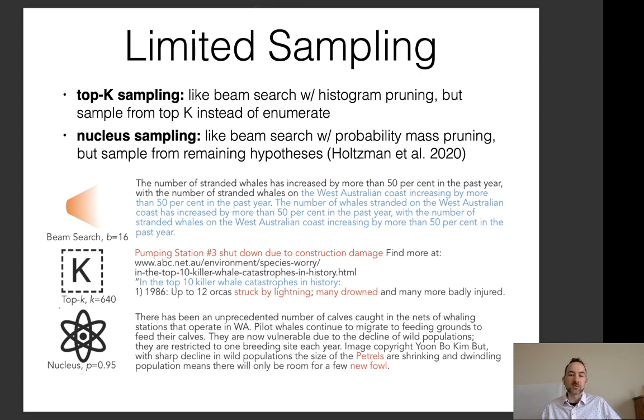Then there's nucleus sampling, which is like beam search with probability mass pruning, but you sample from the remaining hypotheses. You basically sample from the top outputs that have a probability of 0.95 or higher. Both of these are kind of like a mix of beam search and sampling.